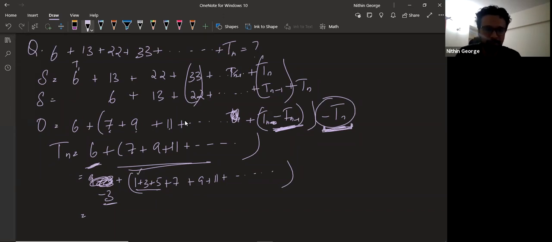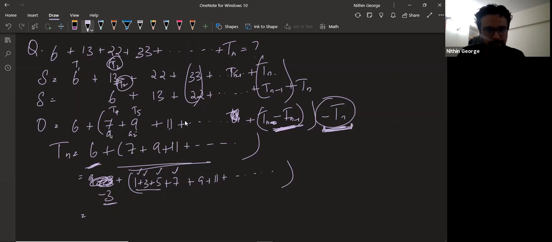So first term is here, second term is here, third term is here. Fourth term is what I start from. Okay, T4, T5, which is A1 in this, A2 in this, like that. All right, so T1, T2. Okay, so this one, we are looking at Tn. So this will be T2 in that respect.